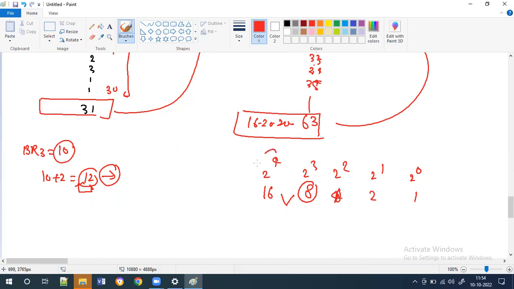So that means 2 to the power 4. 4 is the number of bits on the host side. If 4 bits are on the host side, then how many bits on the network side? 32 minus 4, how much? 28, right?